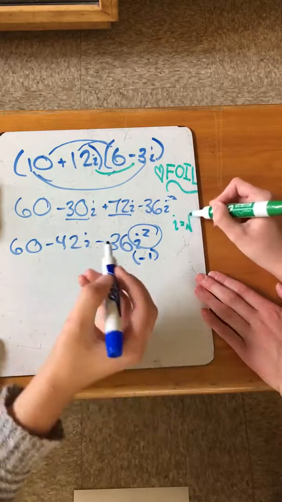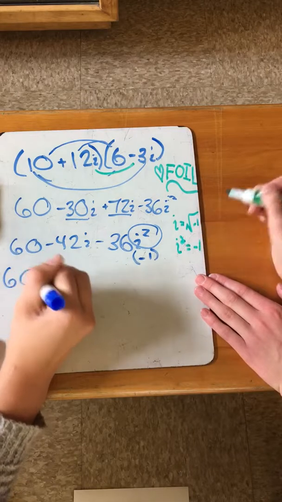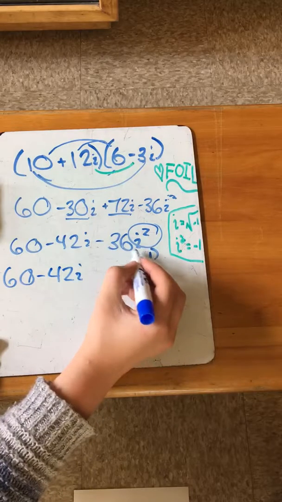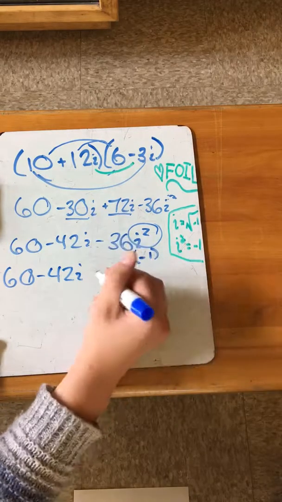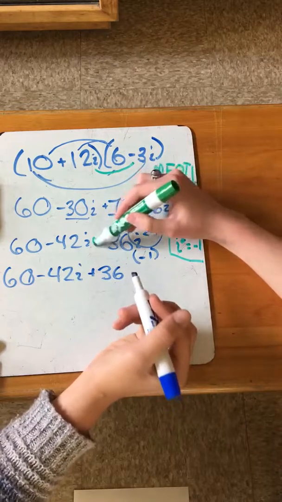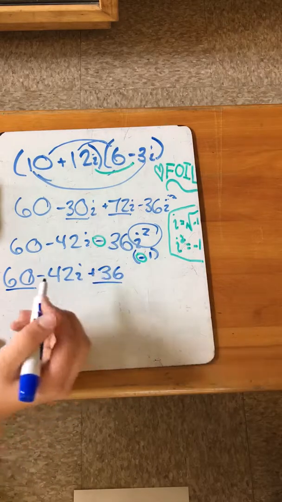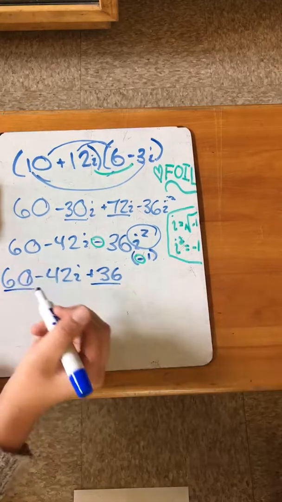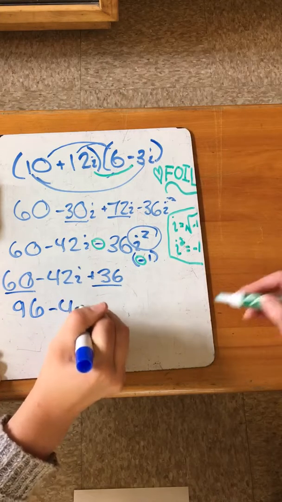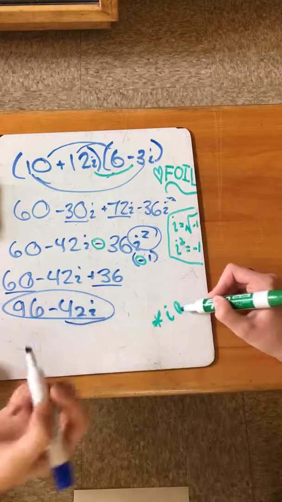So this means that you change the sign of 36, but let's write this over. 60 minus 42i, and now since two negatives make a positive, that's plus 36. And you have like terms again, so you combine them to get 96 minus 42i. Now that is your answer. You can't do anything more with it.